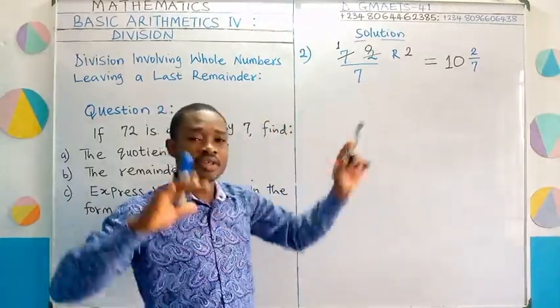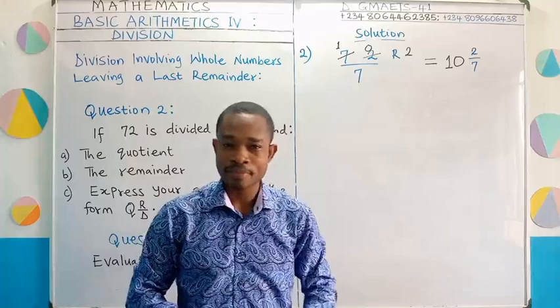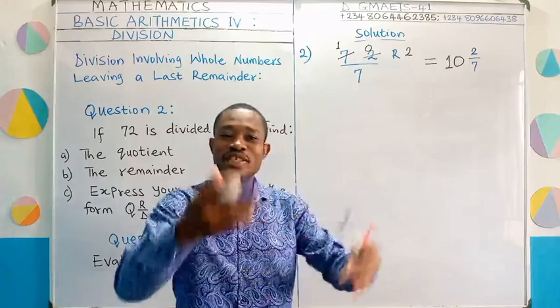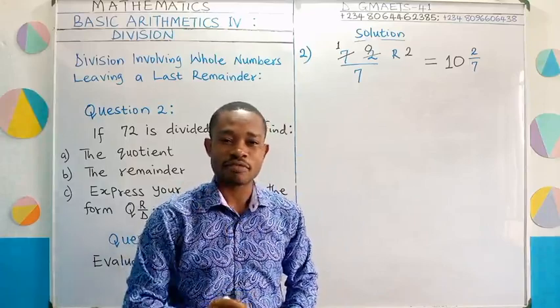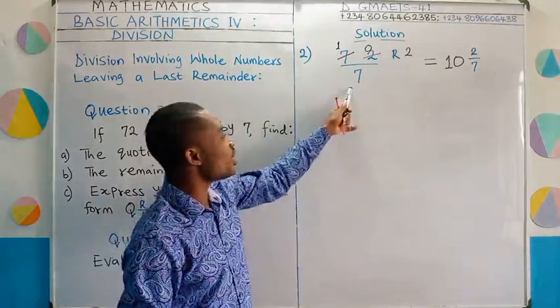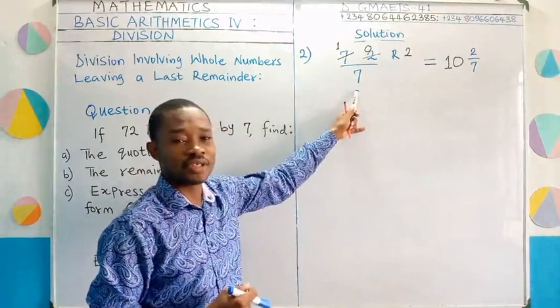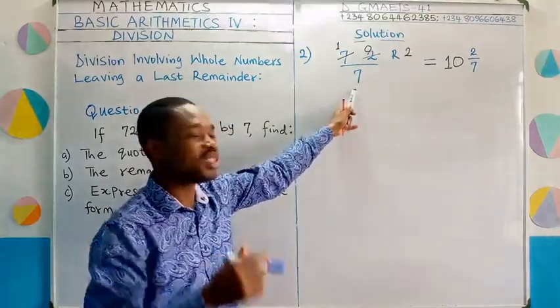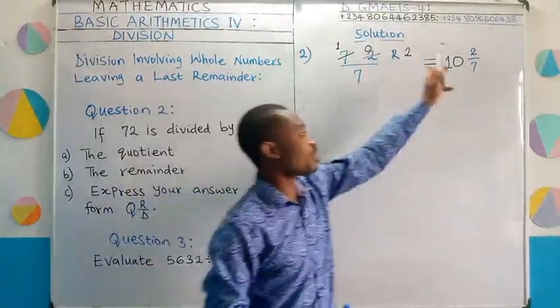I'm saying this because in our previous class when I taught you division without remainder, by the time we finish our division, we always divide the denominator by itself to get 1 in the denominator. You don't do that in the case where you have your last remainder. Are you following? You still leave that denominator because, like I said, the denominator will still be there to divide that last remainder, which we write in this form.